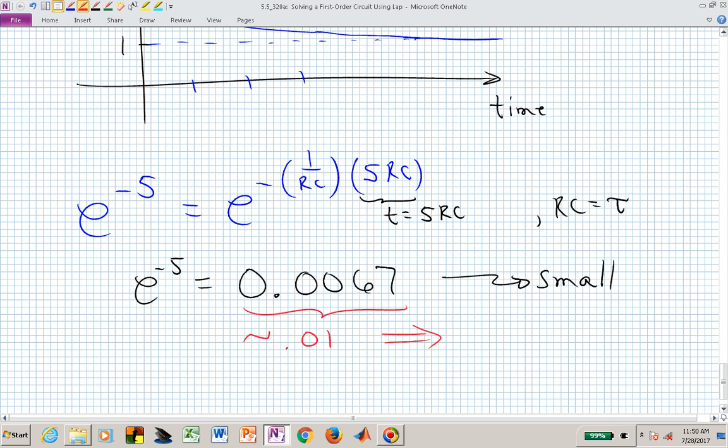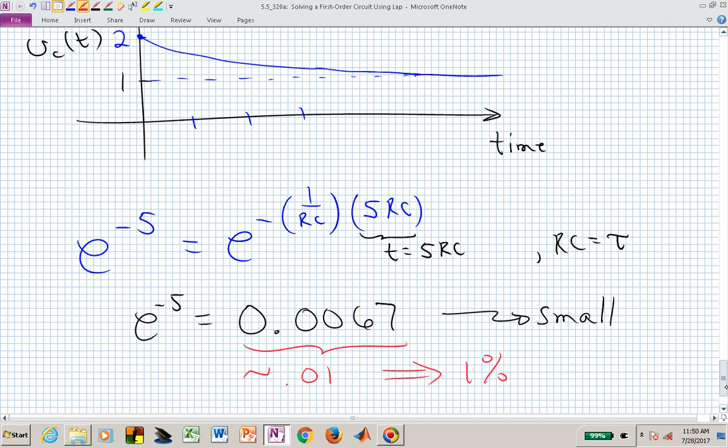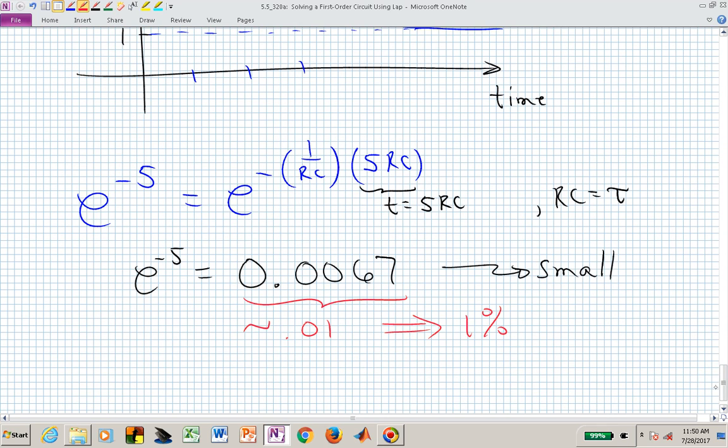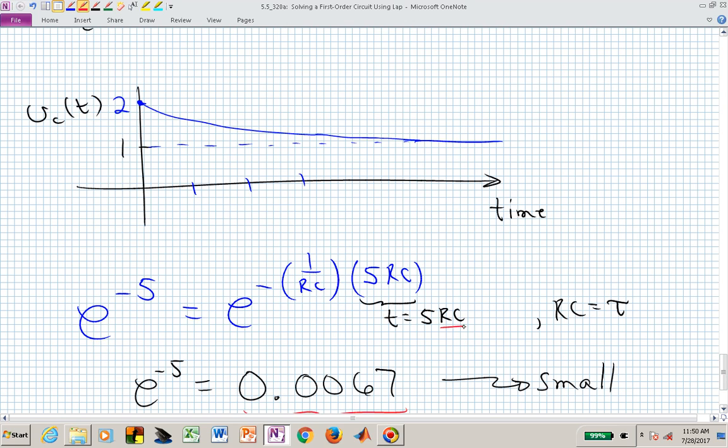So e to the minus 5 is assumed to be within 1% of our final value, or 1% of where we started. We started at 2, we're going to 1, so we'll be within 1% of 1 after 5 time constants. And whatever 5 time constants is obviously hinges on this product of RC.